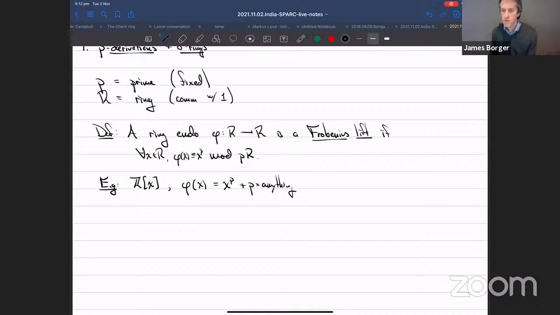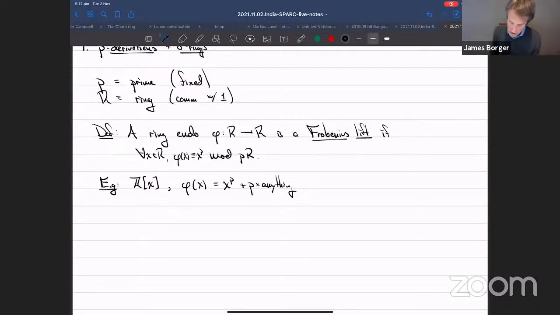That defines a unique endomorphism, and to verify the congruence condition, you only need to do it on a set of generators. On the generator x, it obviously has the congruence property, and so that's it.